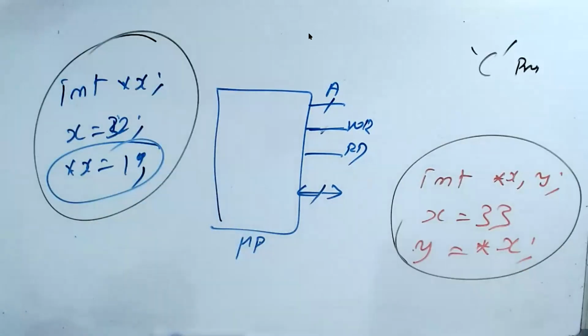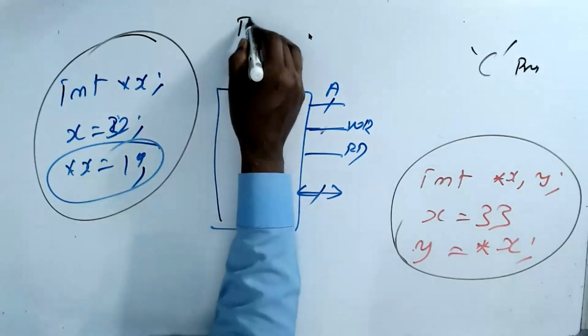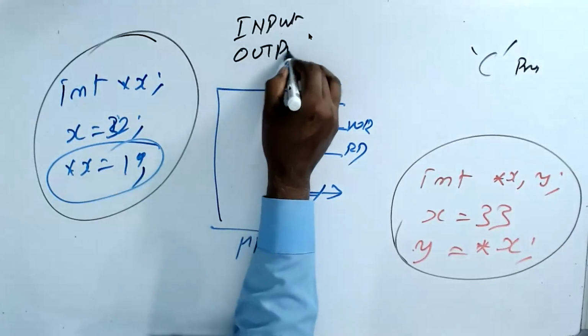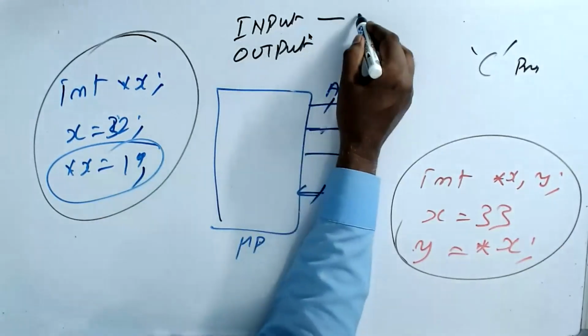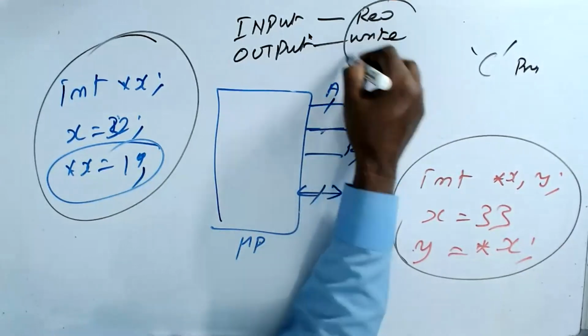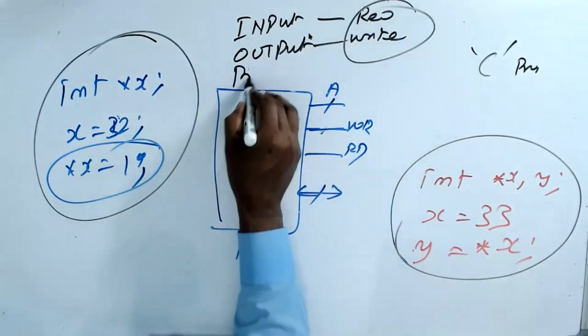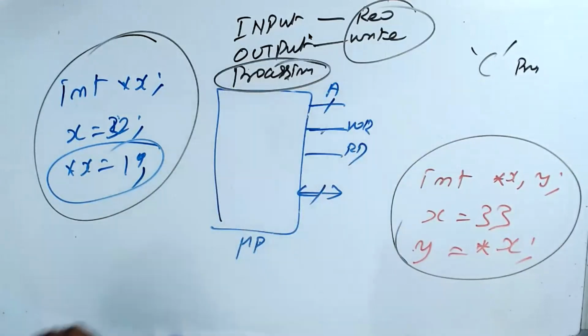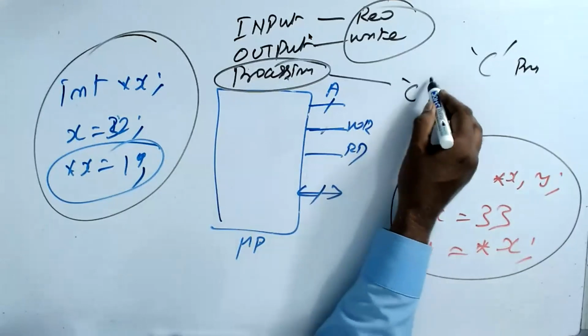I told you that this microprocessor does three activities. One is input, output, that is read, write. And the third one is processing. This is the most important. This is what all your C programming exercises are about.